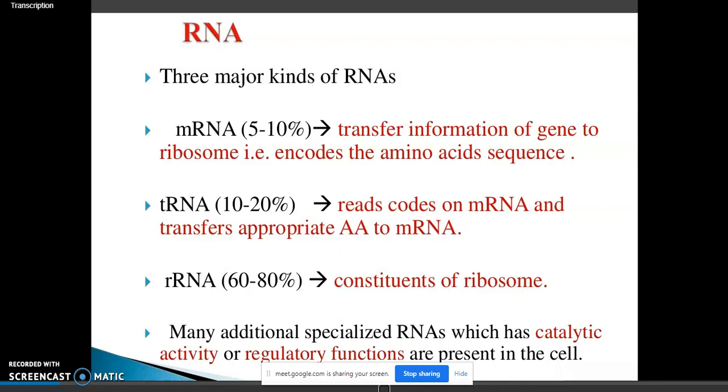But today for our discussion, let us take the example of mRNA. mRNA is the messenger RNA. It takes the message of DNA to protein. So it is referred to as messenger RNA. It transfers information of a gene to ribosomes, which will encode the amino acids. So the focus of today's talk is only mRNA.